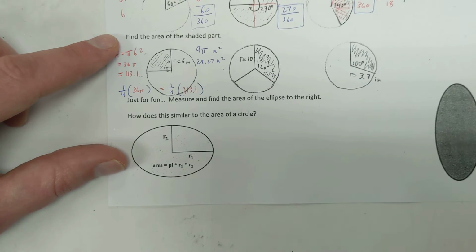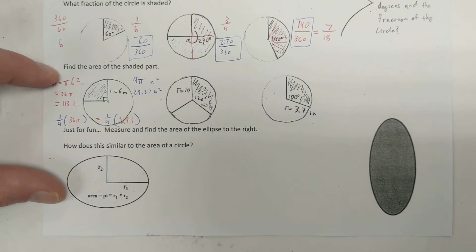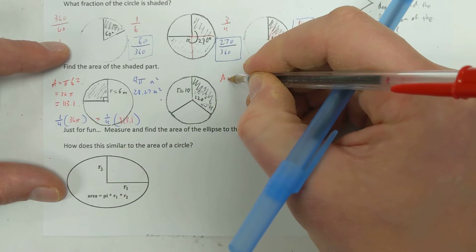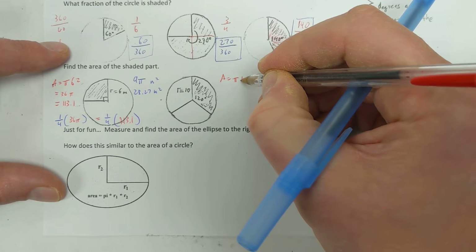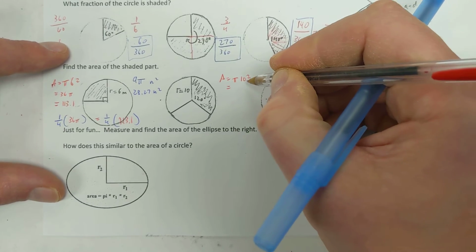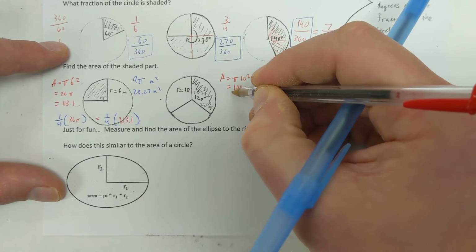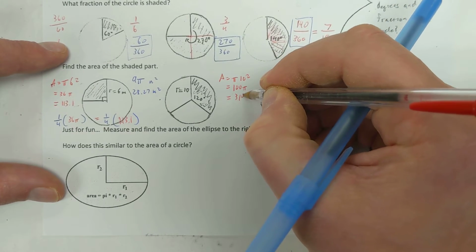On this one, I'm going to do the same sort of thing. I'm going to find the area of the whole circle. Pi r squared. 10 squared gives me 100. So I can do 100 pi, or that is 314.